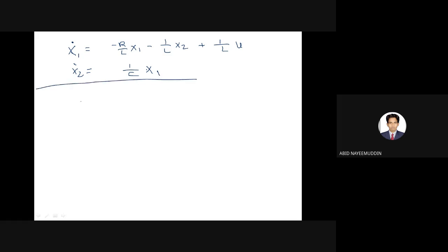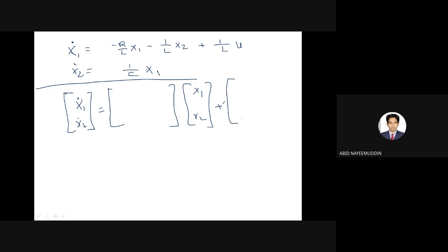Representing those equations in matrix form, you will get x1 dot, x2 dot in matrix form, which is your state model representation, is equal to, with input I am writing separately.